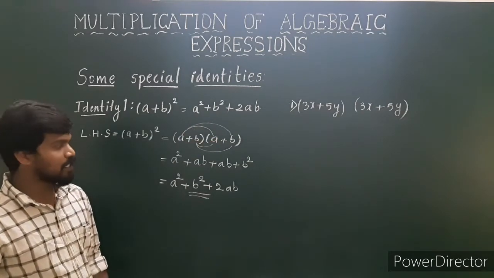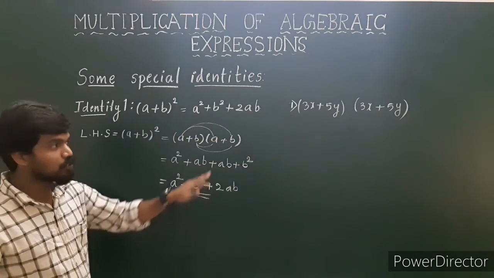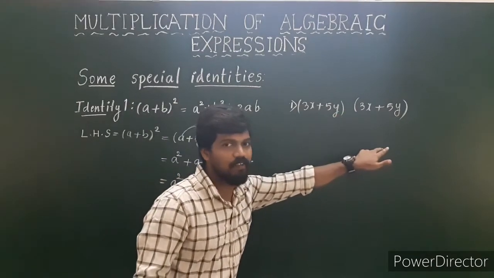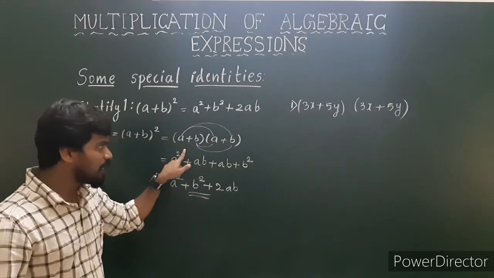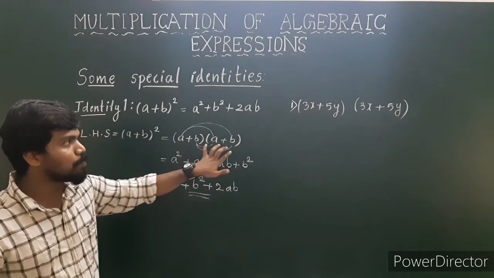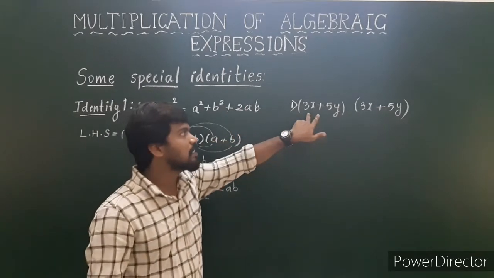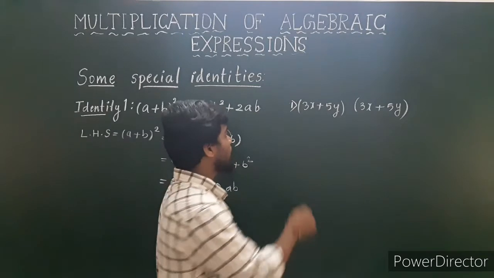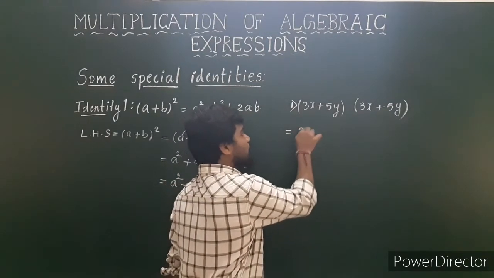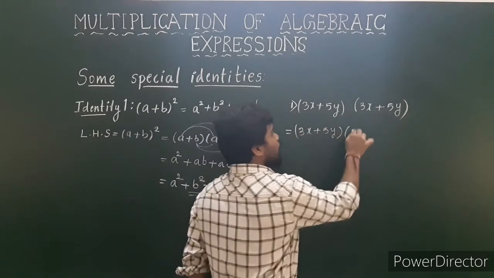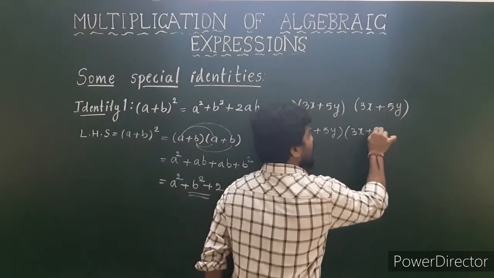Now you see the application of this identity. I give this problem: 3x plus 5y. That means a plus b into a plus b is similar to 3x plus 5y into 3x plus 5y. So the problem, write one more time, 3x plus 5y into 3x plus 5y.